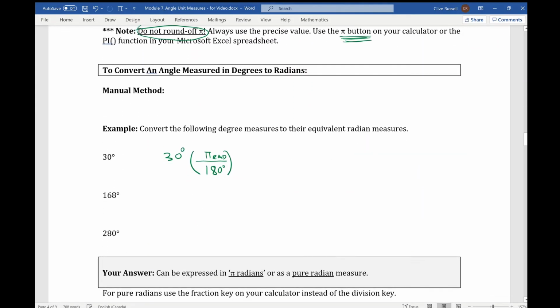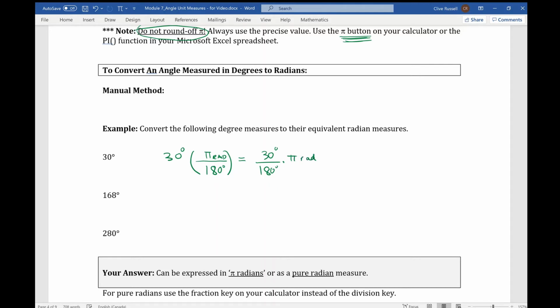All right. Now, if you just use your fraction calculator, you see that this is the same as 30 degrees over 180 degrees times pi radians.